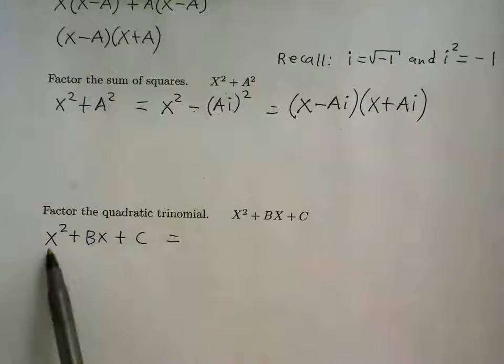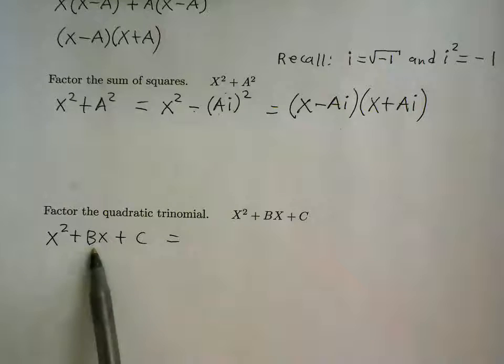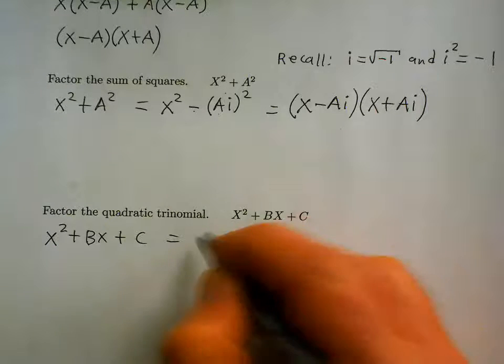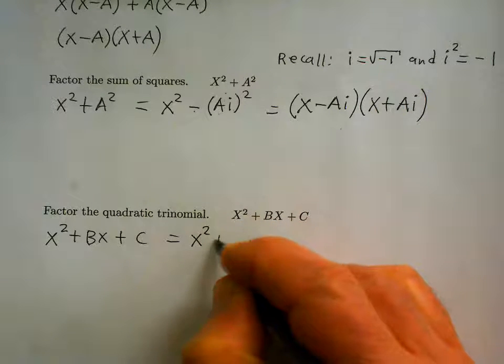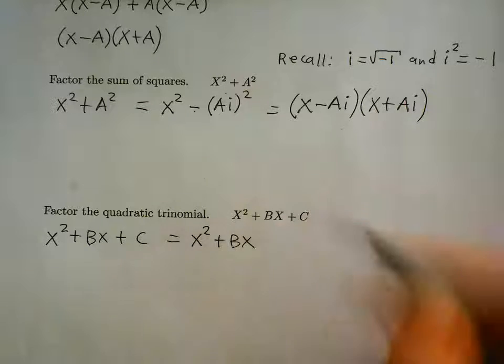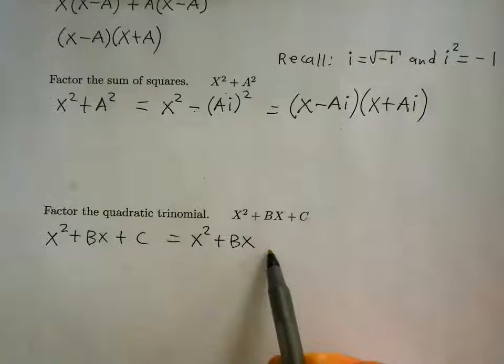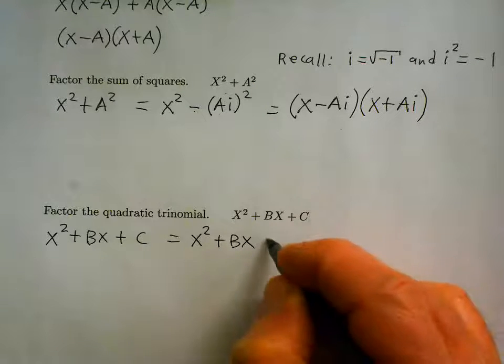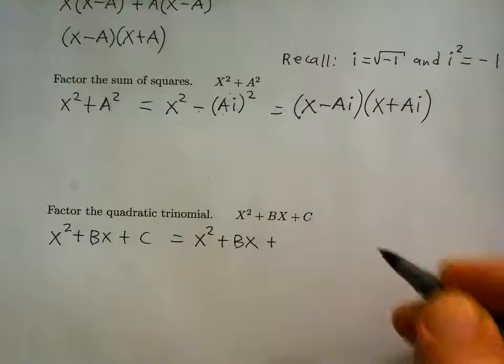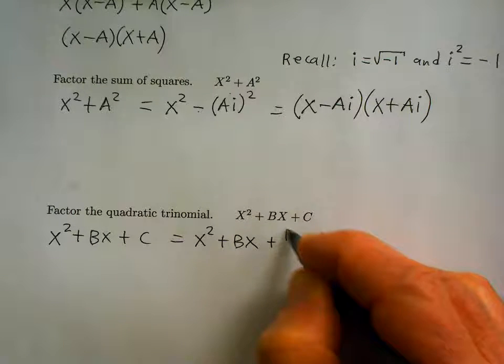What we're going to do is create a perfect square trinomial from x squared plus bx. So since the coefficient of x squared is 1, we create a perfect square trinomial by adding the square of b divided by 2. So in other words, b divided by 2 squared is b to the second over 4.